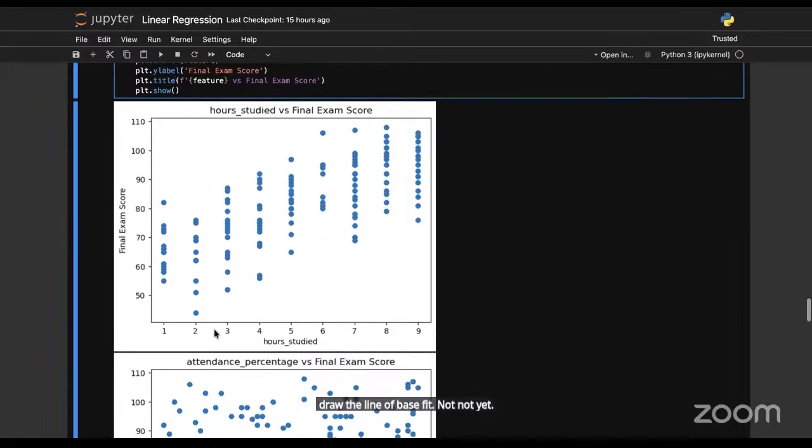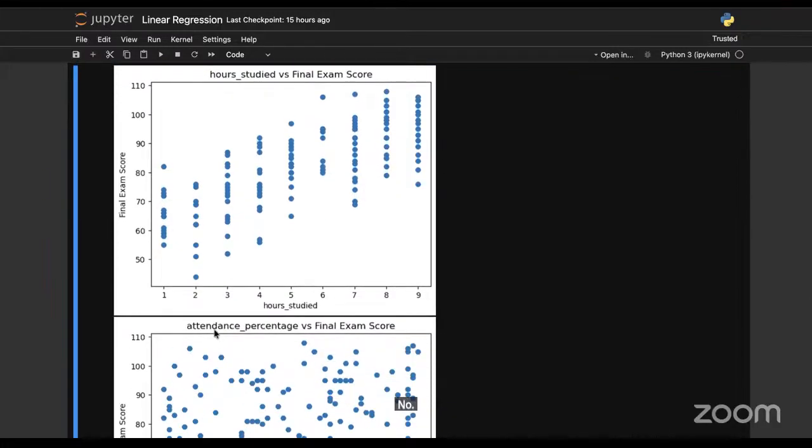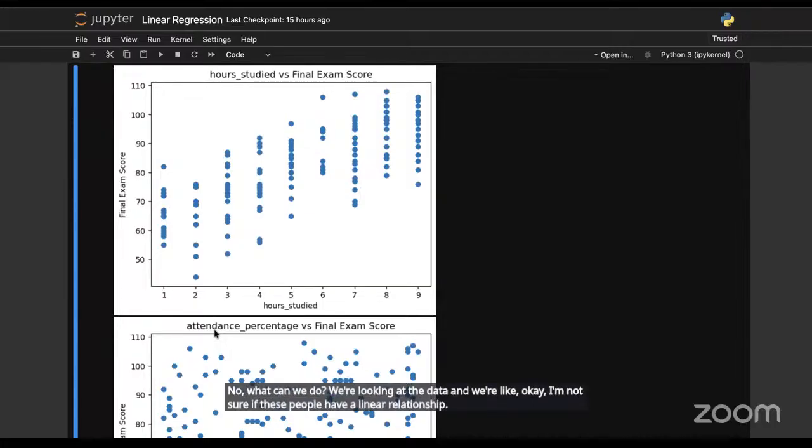We're looking at the data and we're not sure if these have a linear relationship, so what can I do next? If I look at a scatter plot and it doesn't work, how else can I see whether variables have a linear relationship?